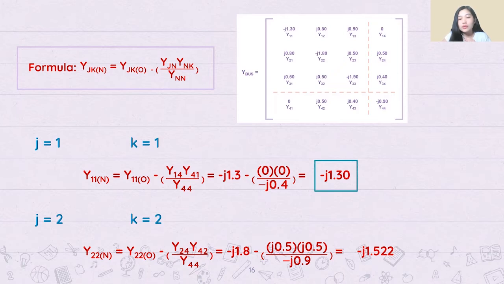So, by means of doing the math and calculating it, solving for the equation, we are now arriving with negative j 1.522. So, kailangan natin i-substitute muna yun sa ating matrix para hindi tayo malito. So, yun, makikita natin na from negative j 1.30 is negative j 1.30 pa rin siya. And from our old y22, ang new value na niya is negative j 1.522.